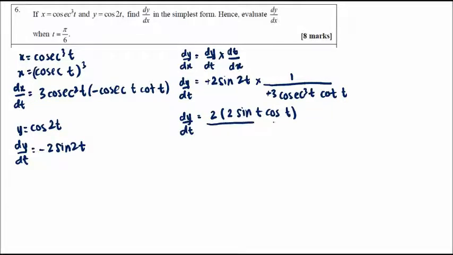For this one, we want to change cosecant into the basic trigo function, so that will be 1 over sine cubed t, times cotangent, which is cos t over sine t.